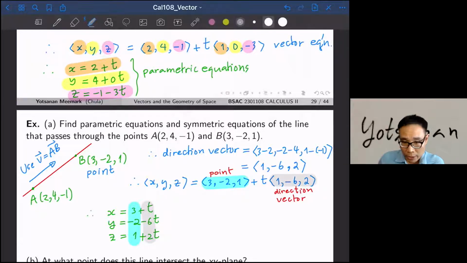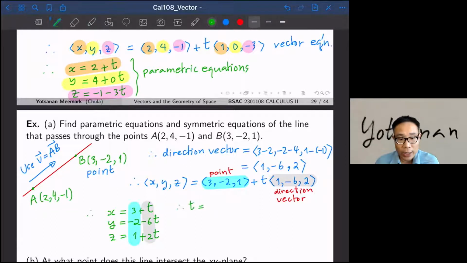So it means that you're going to use the point as the constant in the parametric equation, and you're going to use the vector as the coefficient of t at each component x, y, and z. Another thing that we can do is solve for t.